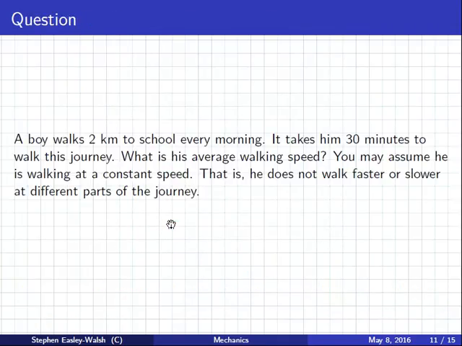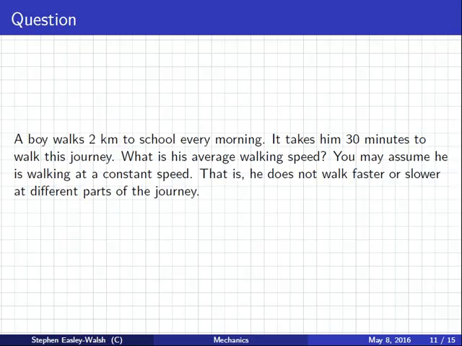Okay, let's have a look at an example here. A boy walks 2 kilometers to school. It takes him 30 minutes to walk his journey. What's his speed? We have distance and we have time, and I want his speed. Speed is distance over time.